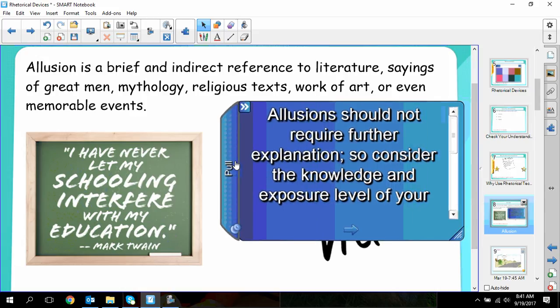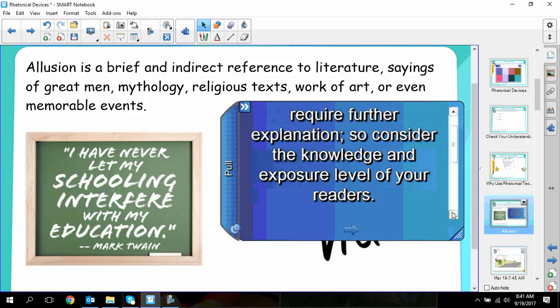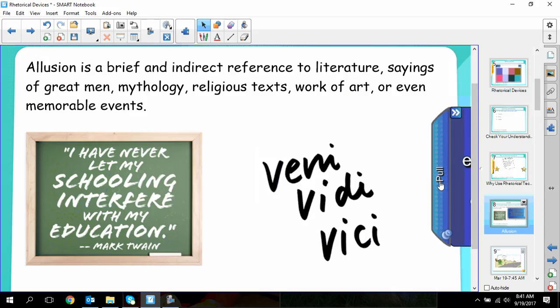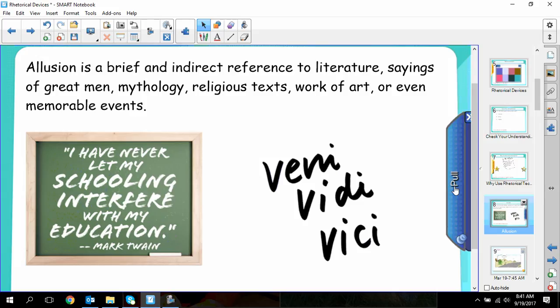So it should not have to require further explanation. So when you use allusions, you have to consider what is the exposure of your readers. Okay? So Mark Twain: I have never let schooling interfere with my education. Well, for me, I understand that because he didn't think schooling was a very profitable thing.